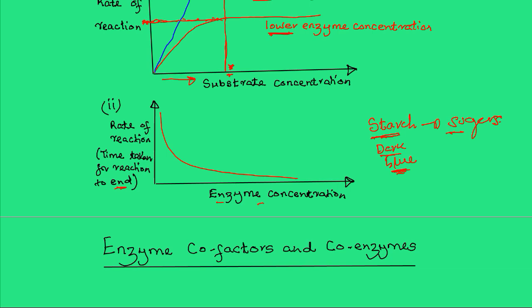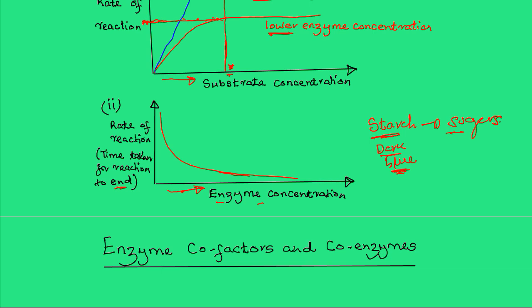Then we plot the findings in a graph like this, and we see that the curve is going to slope downwards like this, meaning that the higher the concentration of enzyme, the faster the rate of reaction, indicated by the shorter the time it takes for the dark blue color to disappear.